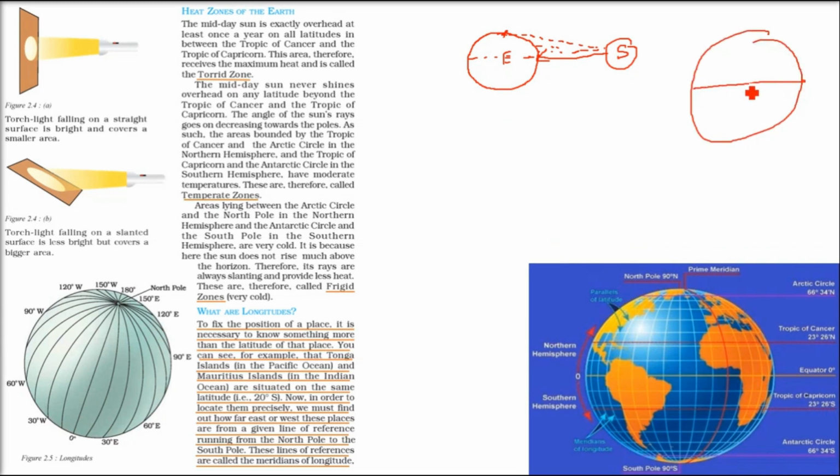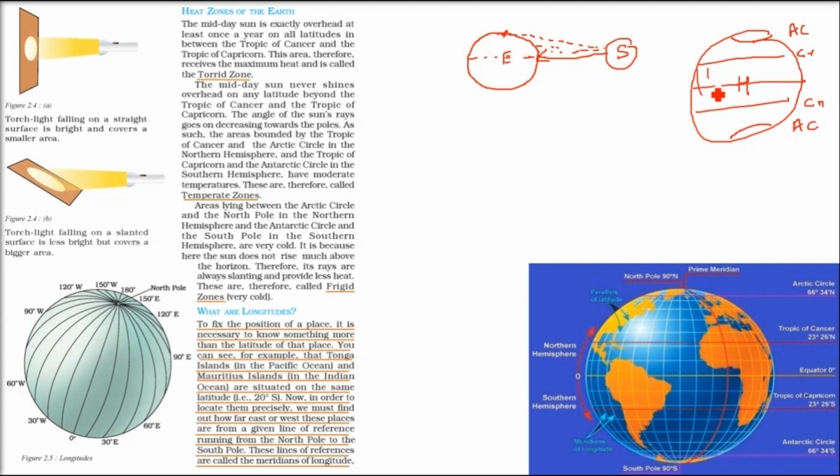So let us divide these parts into zones. One part we will call the hot one. Now this is the Tropic of Cancer, and this is Tropic of Capricorn. This is Arctic Circle, and this was our Antarctic Circle.